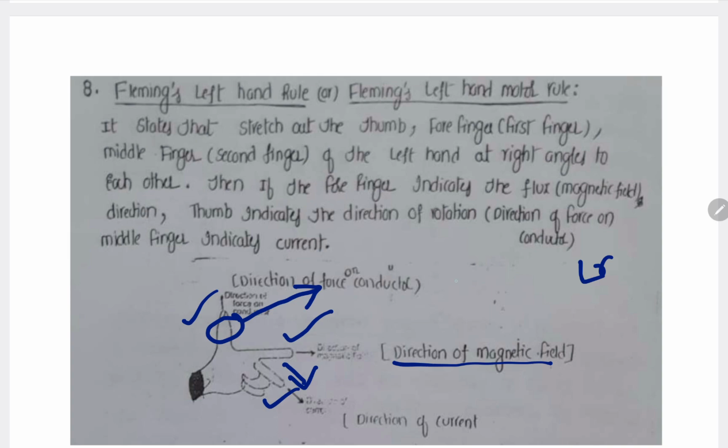I know the magnetic field direction, in that direction I keep the forefinger. I know the direction of the current flowing through the conductor, in that direction I keep the middle finger. Then our thumb is going to represent the force on the current carrying conductor. So this is Fleming left hand rule.